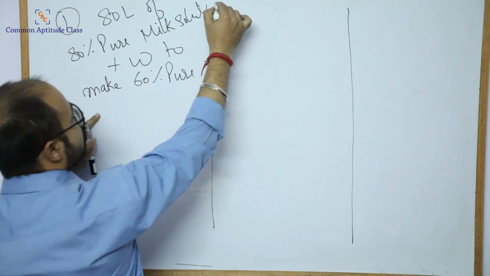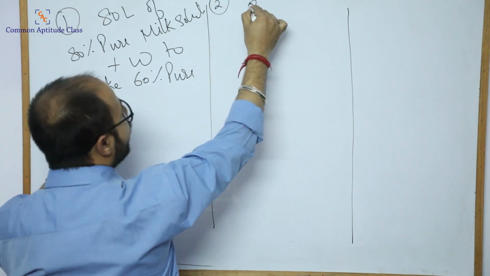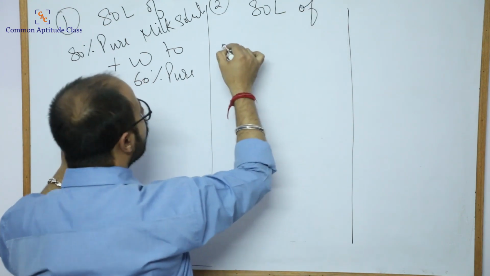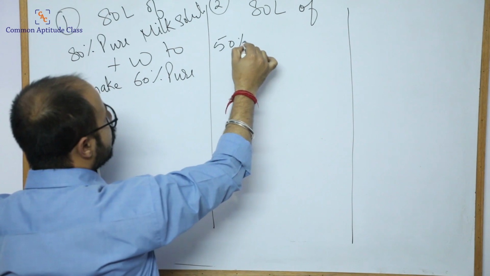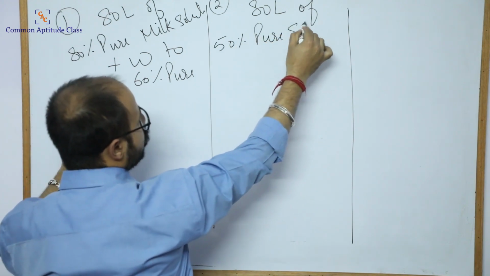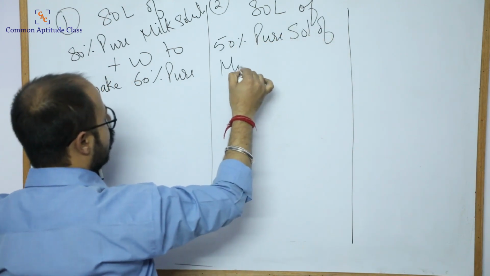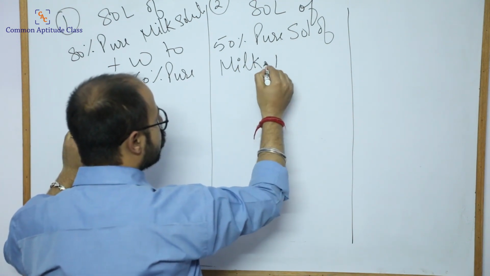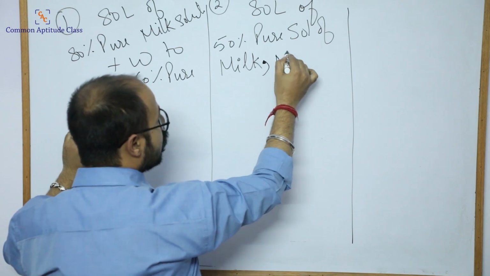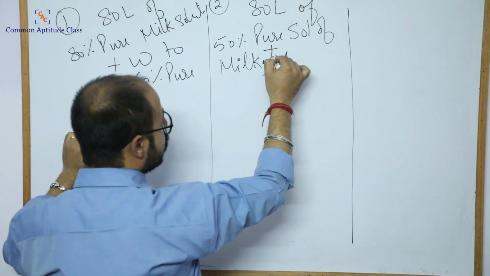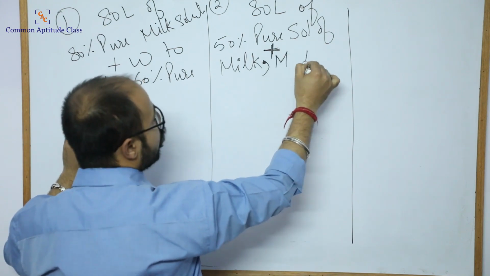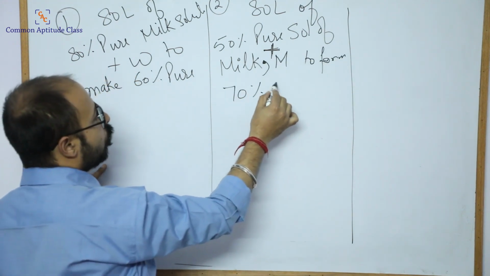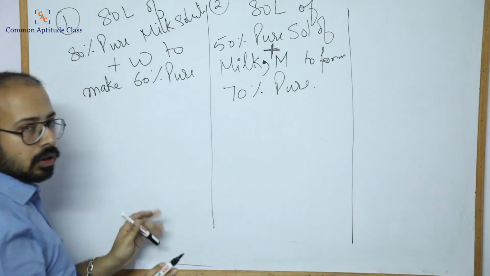Second, I have 80 liters of 50% pure solution of milk. How much milk should I add to form a 70% pure solution? First I will solve these.